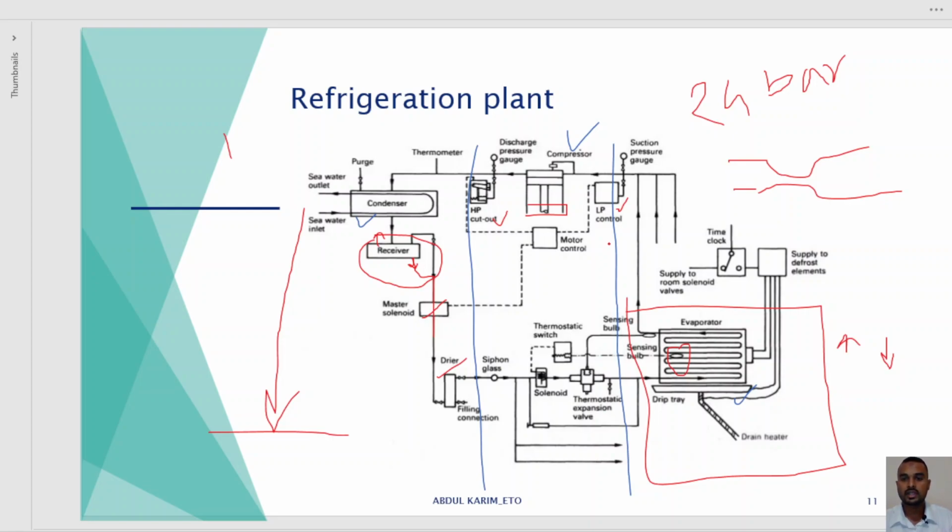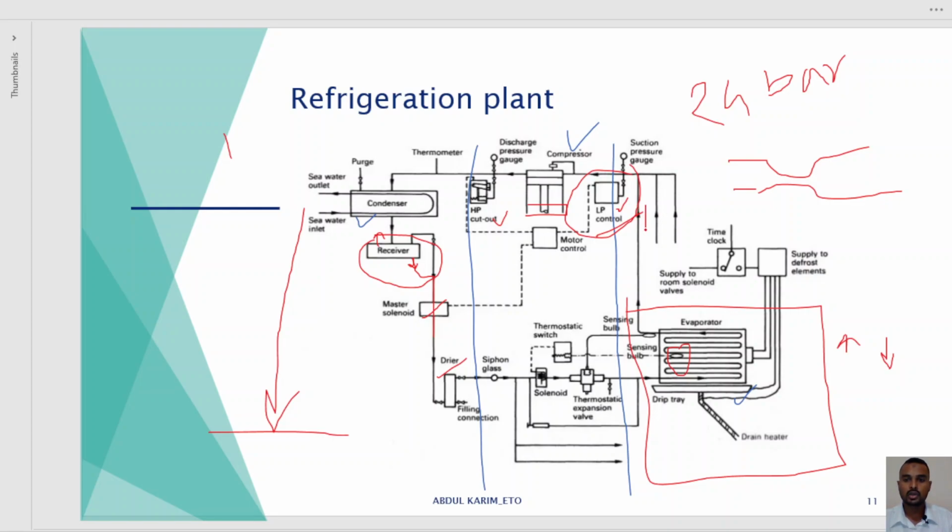Okay, here you see the low pressure control, I mean the low pressure cutout. So why do we use this low pressure cutout? Yes, this low pressure cutout is a safety device of the compressor, like the high pressure cutout, and both are safeguards of the compressor. In the low pressure cutout, there is a low pressure controller.